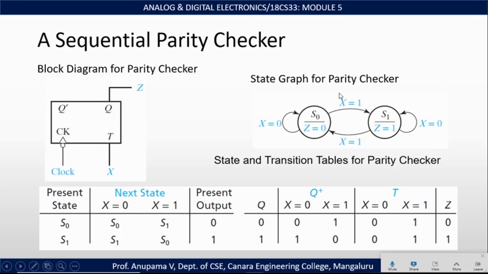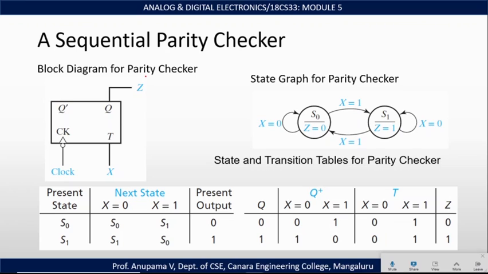Now, from the state graph, we have to derive the state table. So, now let us see how to derive the state table from the state graph. In the state table, we are going to represent the present state, next state and present output.